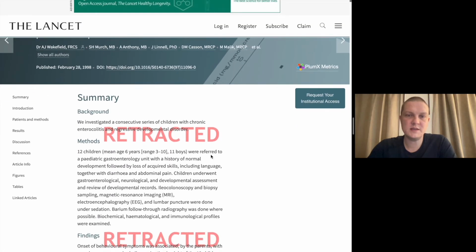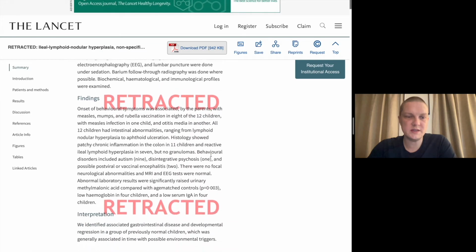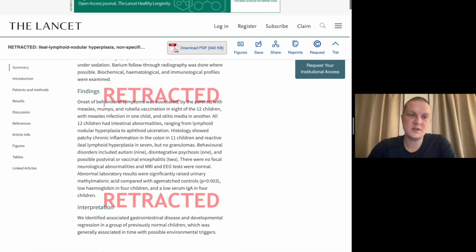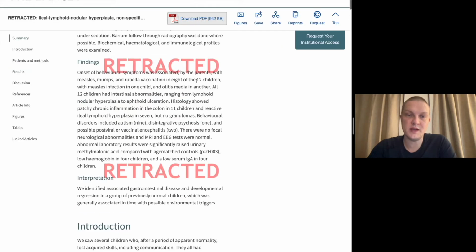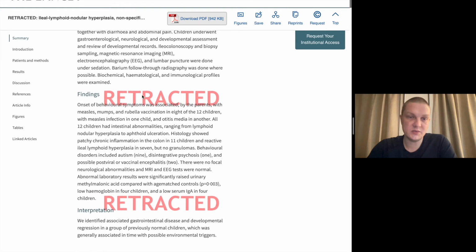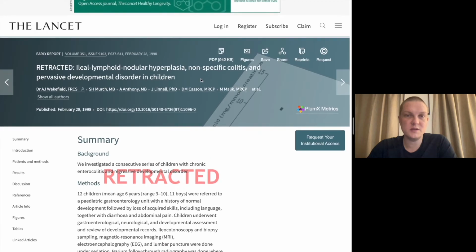This case series report suggested that onset of behavioral symptoms was associated by the parents with measles, mumps, and rubella vaccination in 8 of the 12 children. And this has since been retracted, as you can see from the Lancet, but nevertheless, it did a lot of damage and has spurred on anti-vax movements and so on.